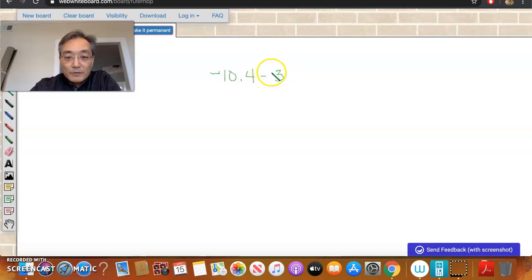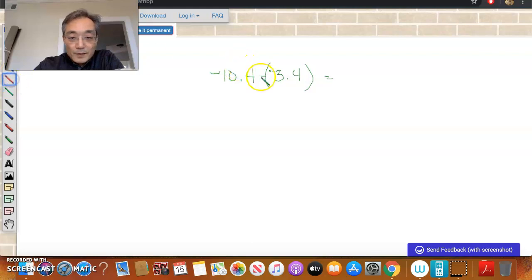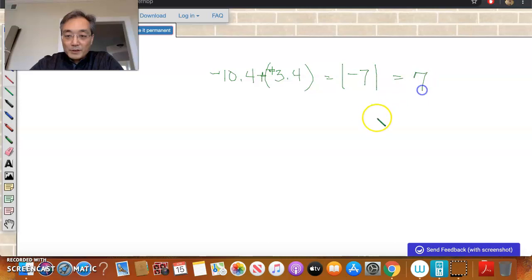It's going to be minus negative 3.4, and that's going to be plus plus here. So this will come out to, I believe, negative 7, but it's distance, so we're talking about the absolute value, which is going to give us 7.